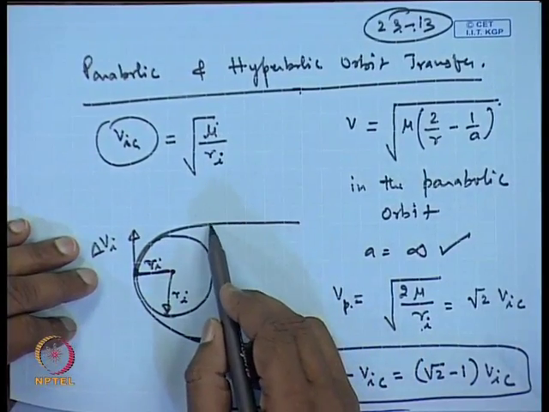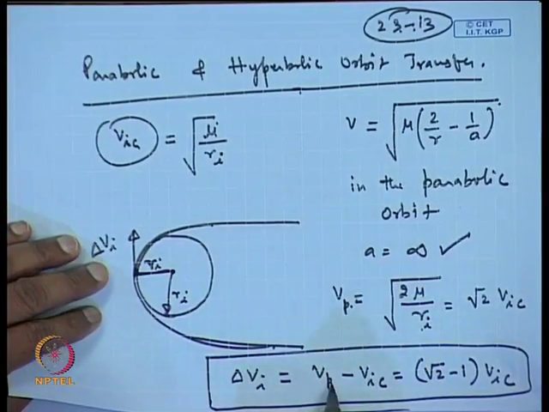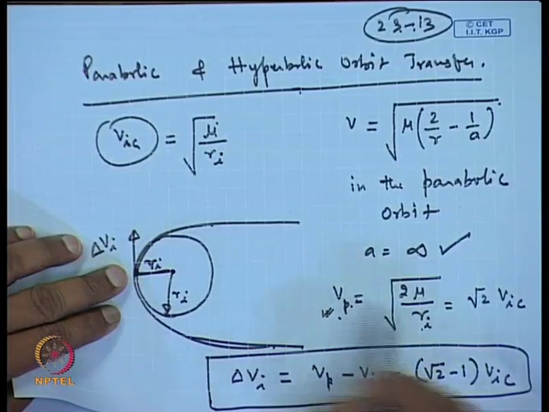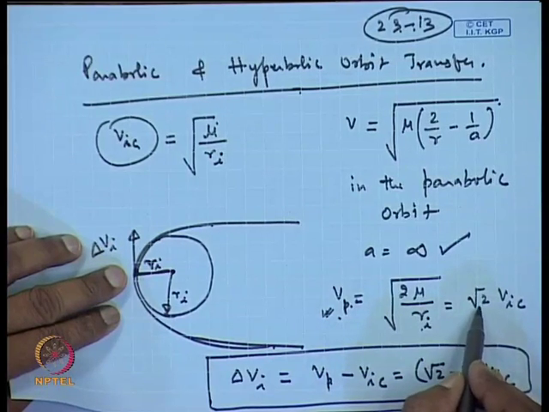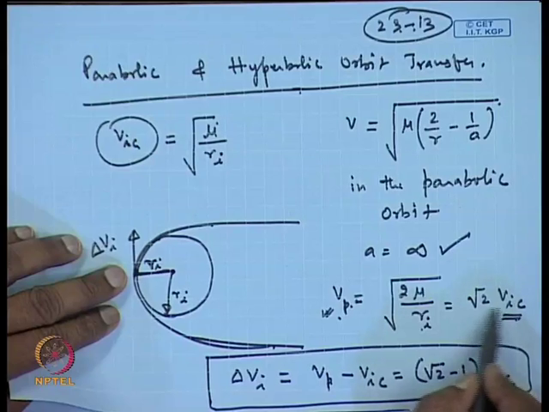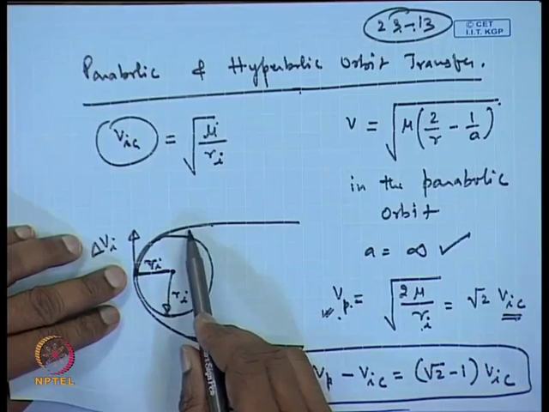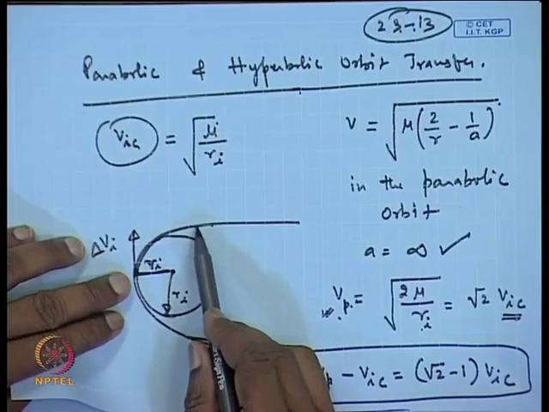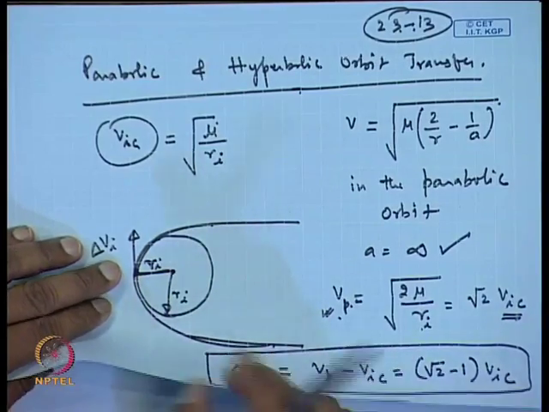The benefit is that these orbits are faster, because you can see that V_P, the velocity in the parabolic orbit at this point, is much larger. This is root 2 times larger than the circular orbit, and therefore, it will cover a certain trajectory up to a certain distance in a shorter time. Similarly, the same thing is true for the hyperbolic orbit also.